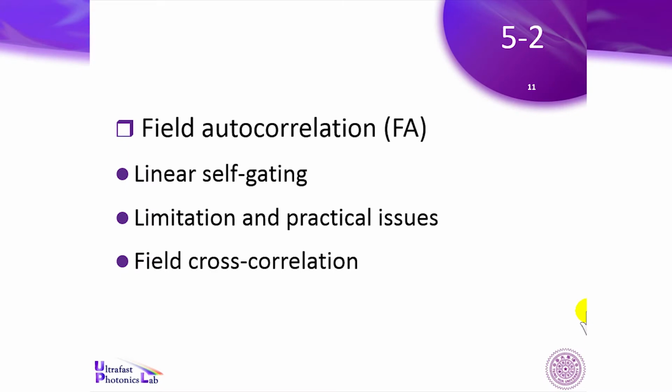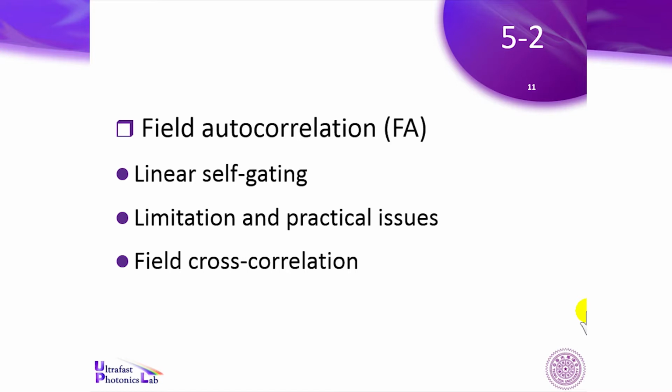OK, 我们开始上课。So after the introduction to post-measurement, we can focus on the first post-measurement technique, the field autocorrelation, with the abbreviation FA. There are three sections in this part, starting with linear self-gating.